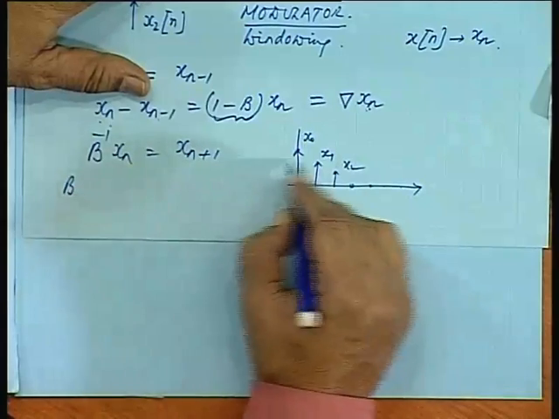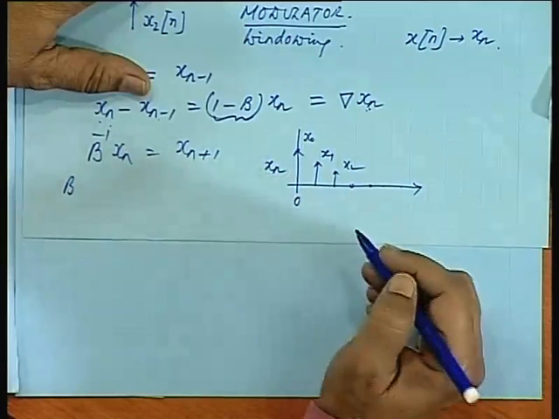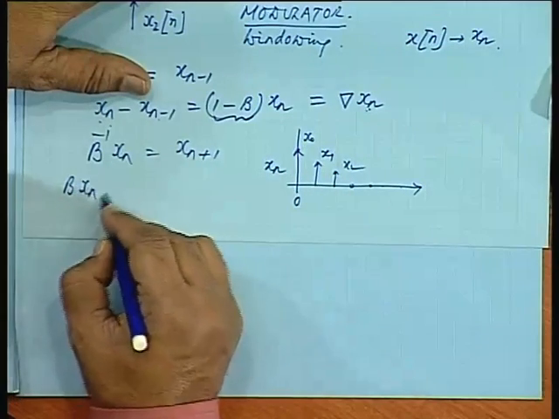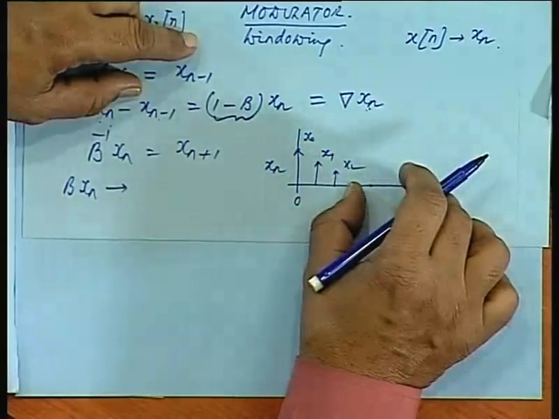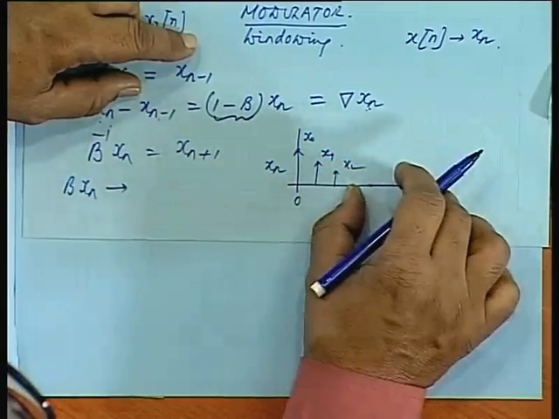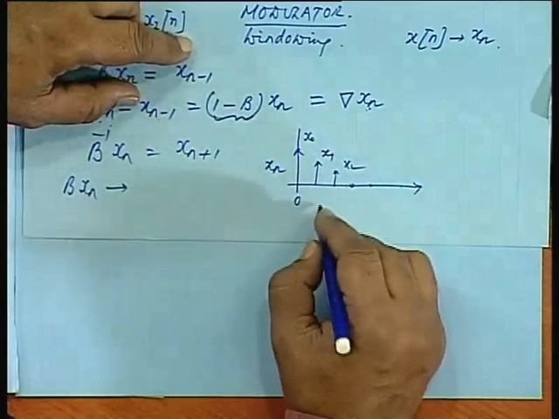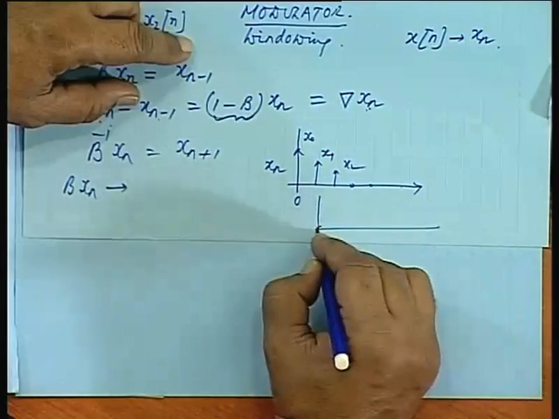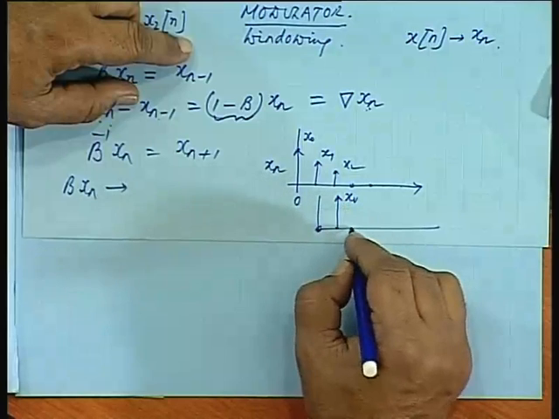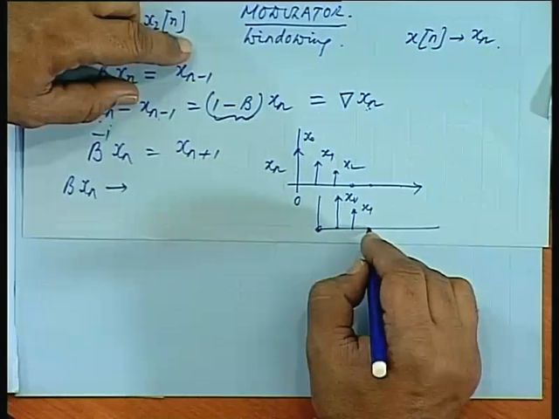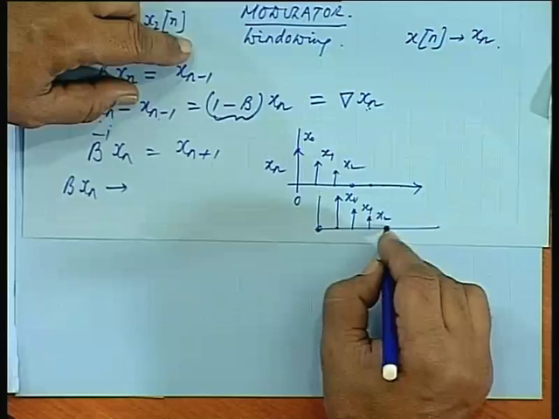B of x(n), this represents the general x(n), B of x(n) will give me, this whole thing gets shifted to the right. Shifted to the right means first instant it will be a 0, then only this x0 will appear, then x1, then x2 and then 0.